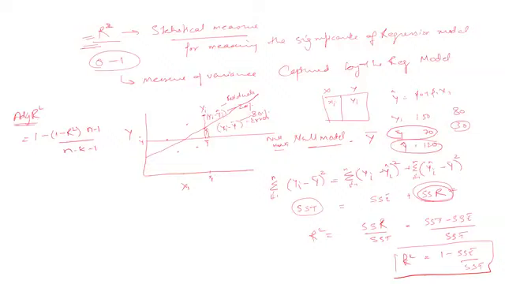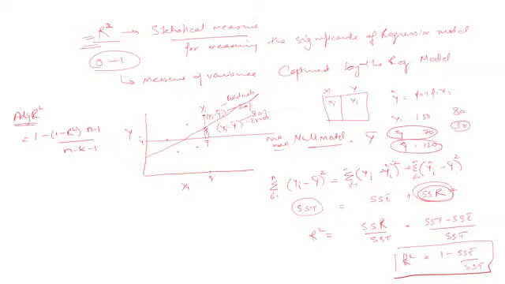So in multiple linear regression, if we are adding variables one by one, and if you come across a variable which is not significant, your adjusted R square value will go down. However, your R square value may increase, but your adjusted R square will come down. So there you have to stop. You should not consider that particular variable which is impacting your adjusted R square.